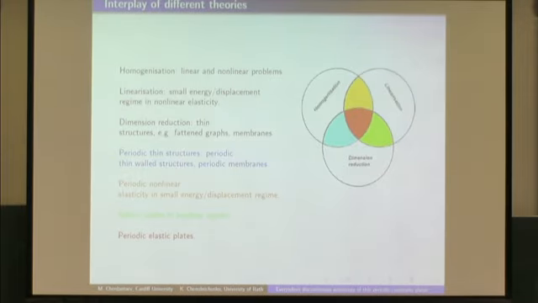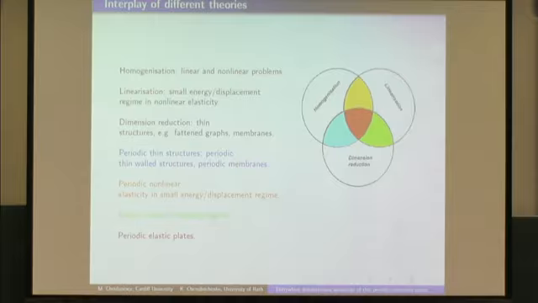So the effect we get in this work is the interplay of different asymptotic theories. So there is homogenization, which you have heard about already in this conference. We had a very nice introduction to homogenization by Valery Smyshlaev yesterday and by Tatiana Suslina this morning. I don't need to explain much what two-scale convergence is now, because it was already introduced.